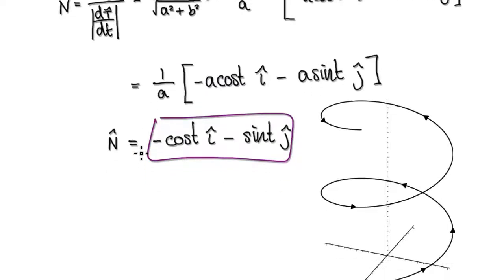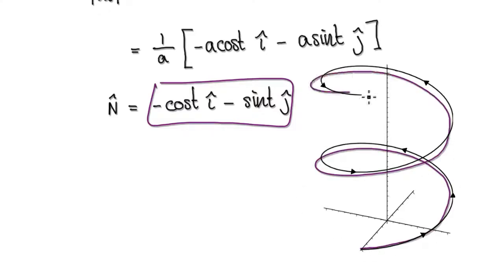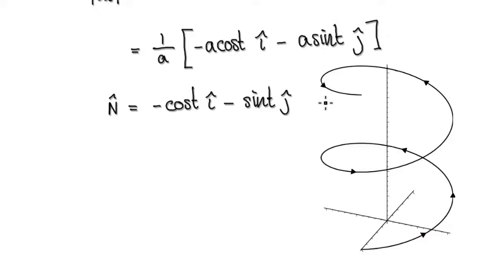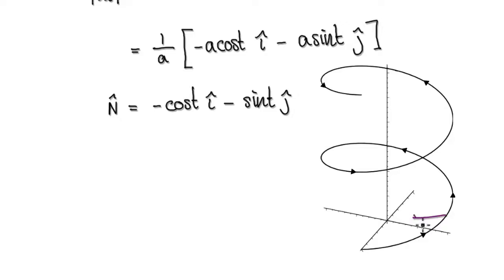What that means is, for the helix, as the particle is moving along here, the normal vector has no k components, so there's no vertical movement. As the particle is moving along like this, the normal vector will always be parallel to the xy plane. It's always pointing towards the z-axis.